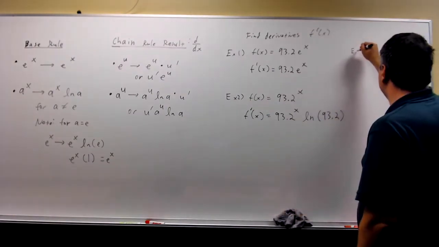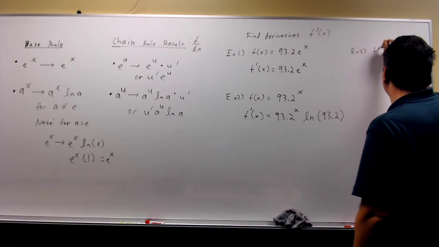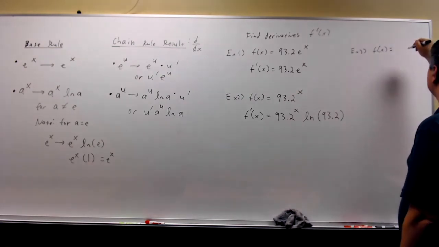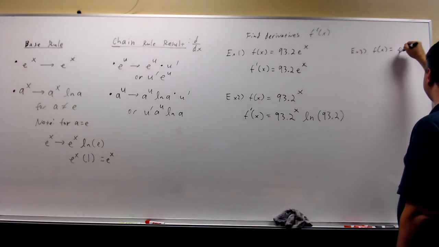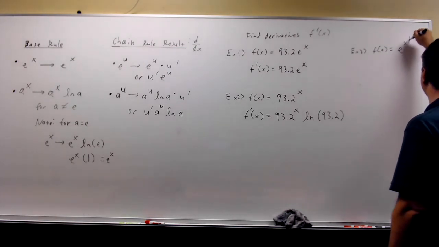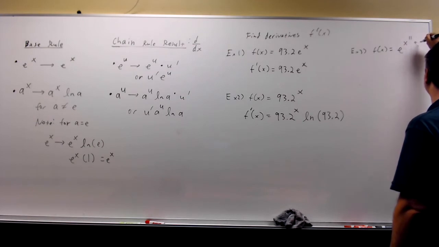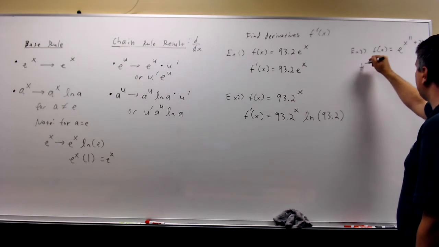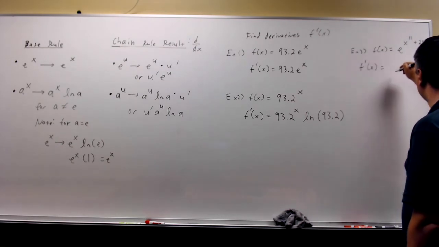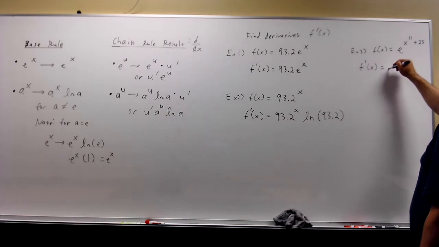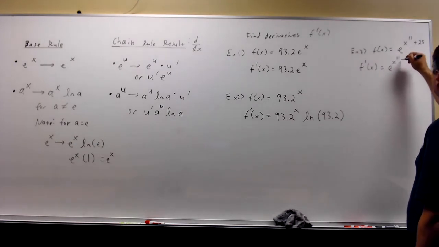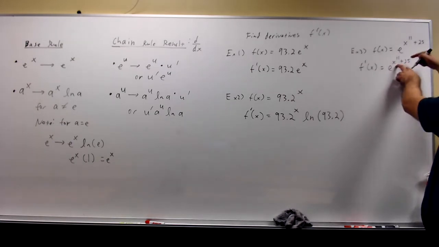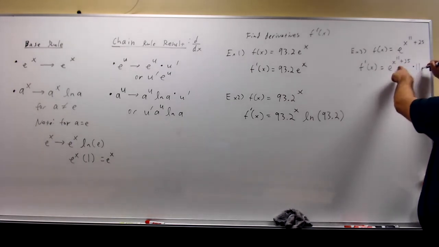Example 3. f of x equals e to the x to the 11th plus 25. f prime of x would equal e to the x to the 11th plus 25 times the derivative of the exponent. So that'd be 11x to the 10th.